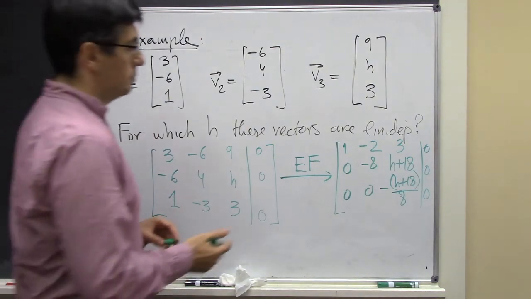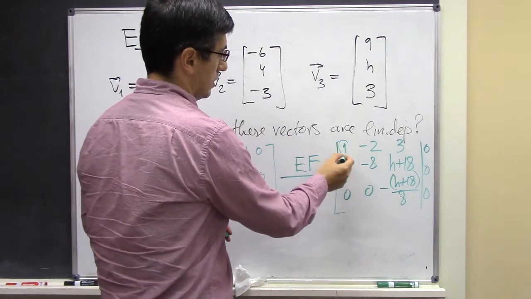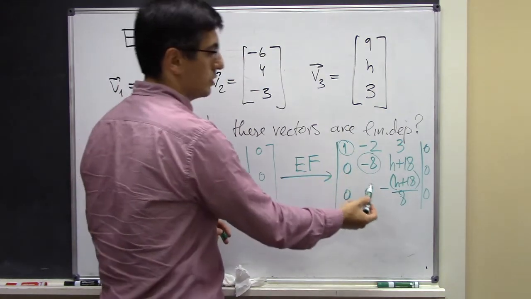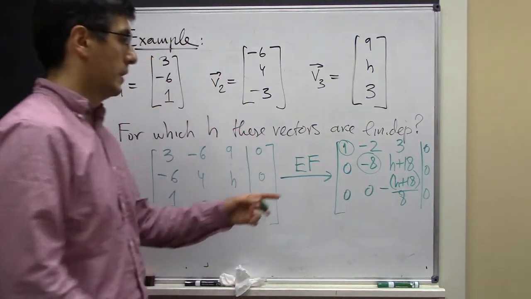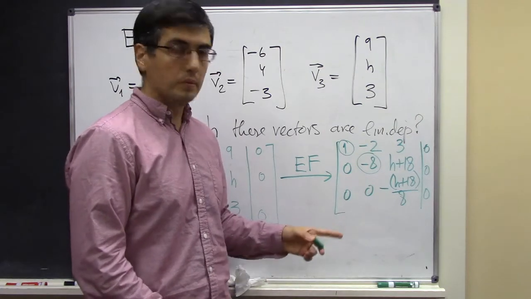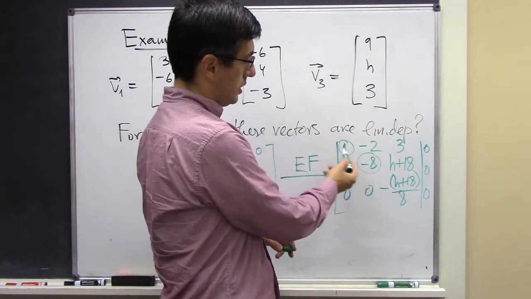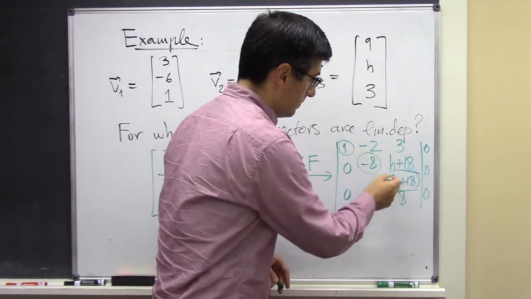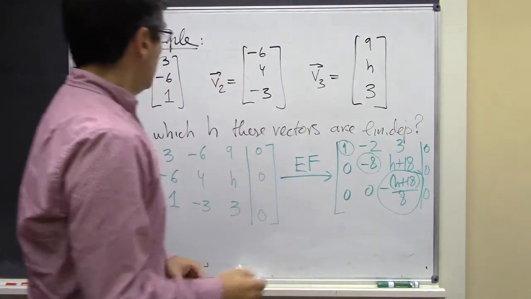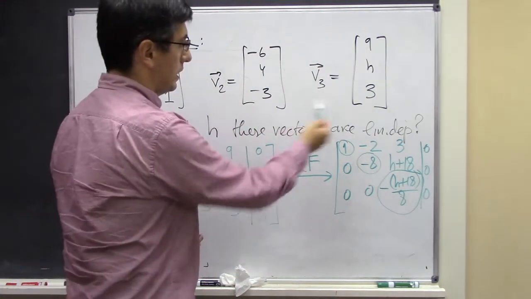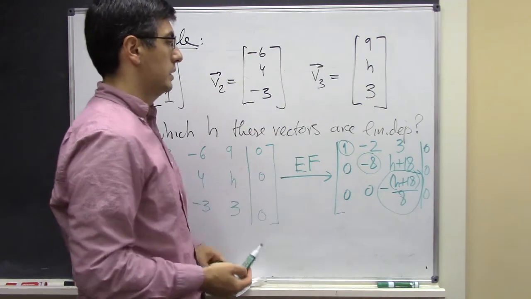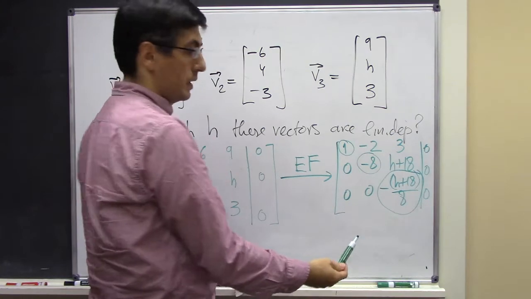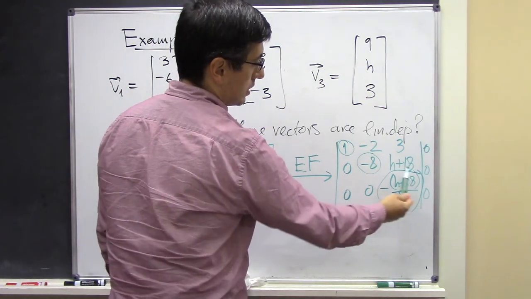Okay, now what are the pivots? The pivots, as you can see, are the non-zero entries of the rows in the echelon form, by definition. So these two are obviously non-zero, and then we have this pivot. If we want the vectors to be linearly dependent, we have to ensure that not every column has a pivot, so this number has to be 0.